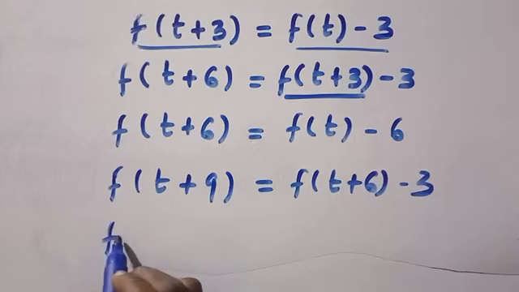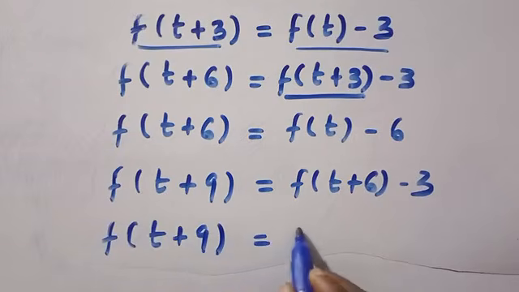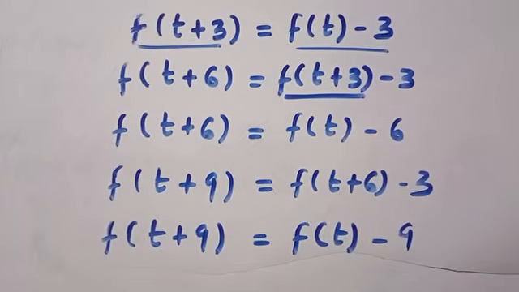So by replacing it, we have f of t plus 9 equals f of t minus 9. So this looks like we have a particular pattern. What we get here is that f always decreases by 3 each time t increases by 3. So that is the pattern I derived.